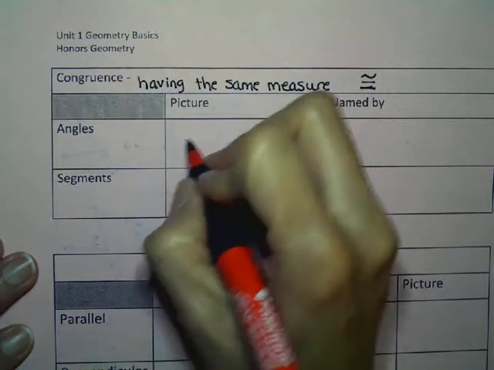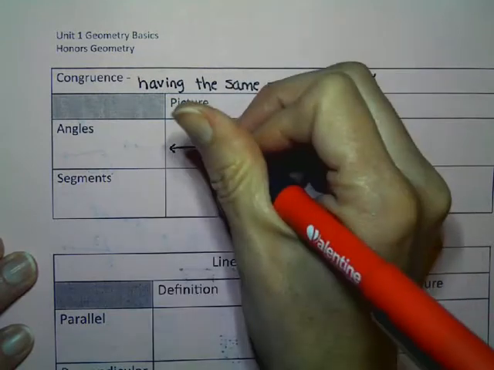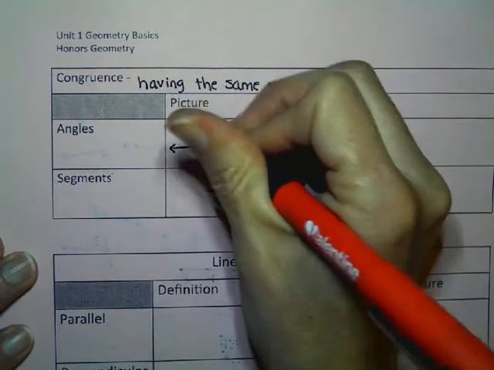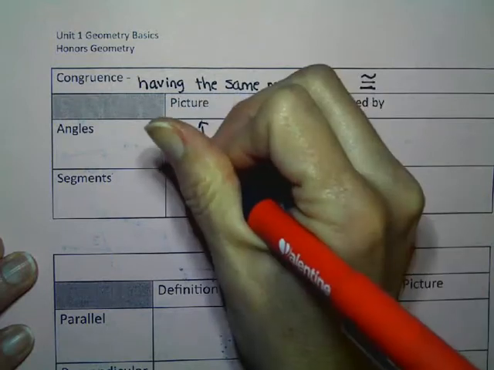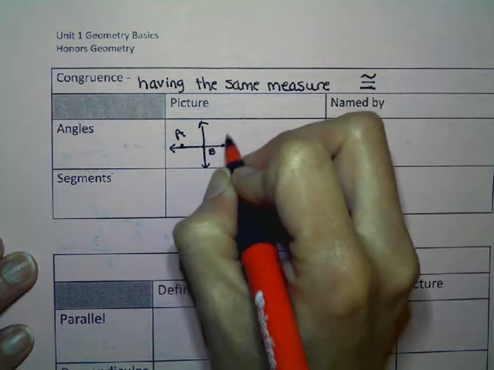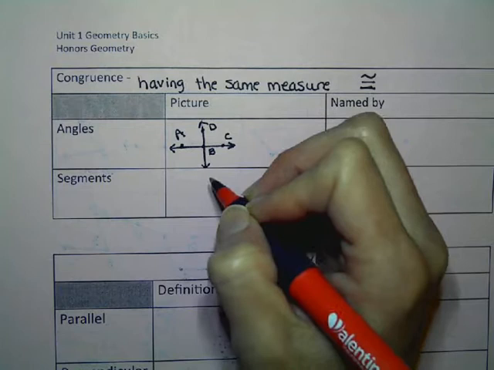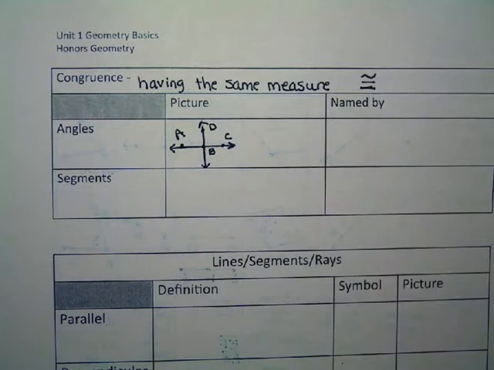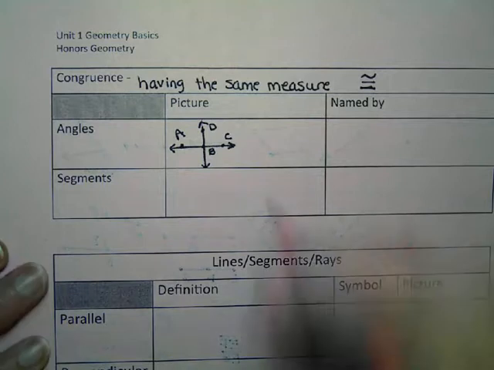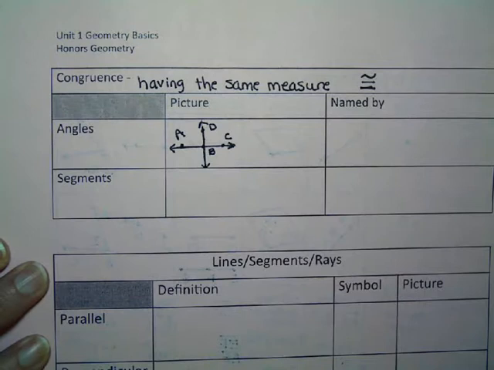So let's say I have this picture. I'm just going to put some letters on it. Hopefully you could tell that those angles look equal, but if you were going to write it out, they would put these little marks in the corner to represent things are equal.